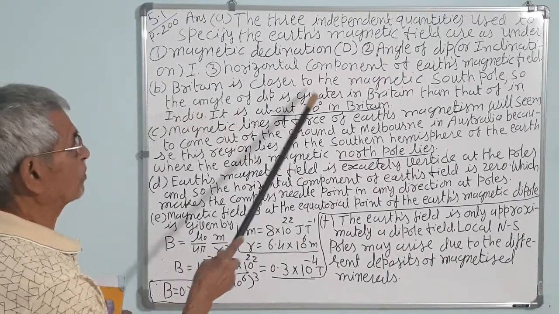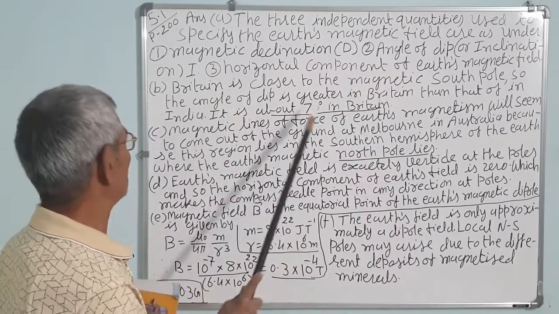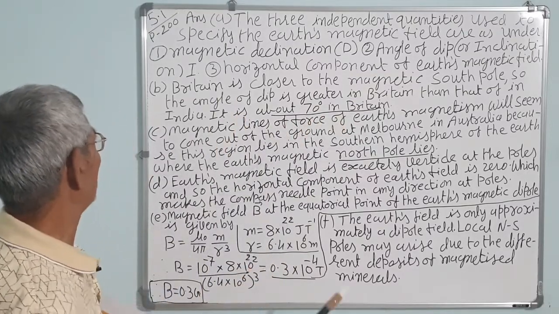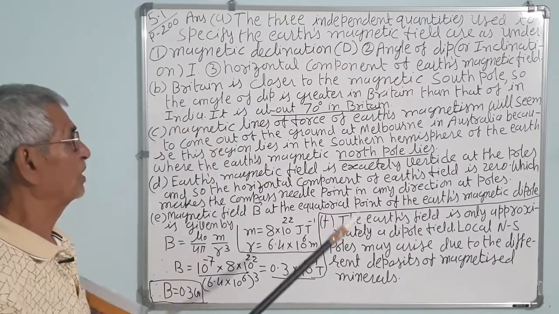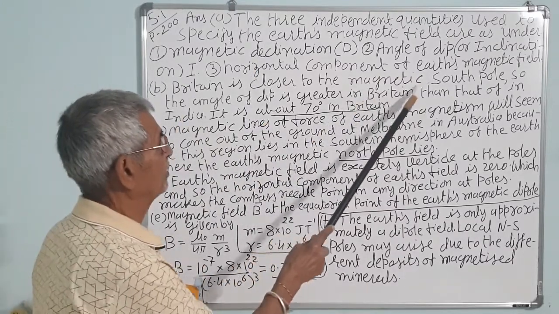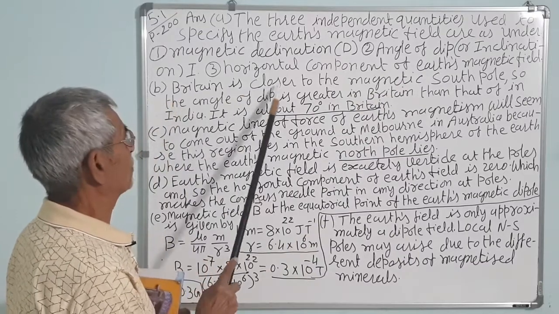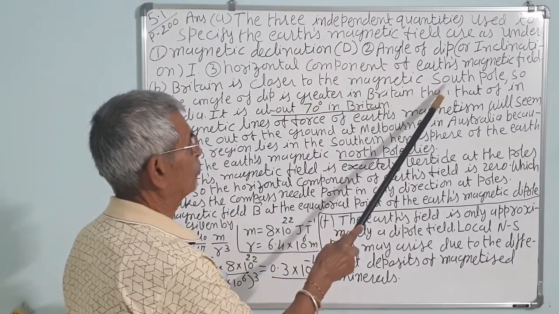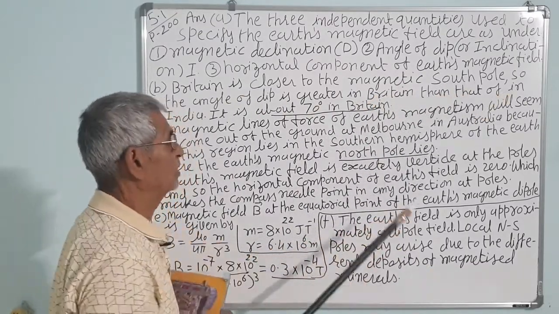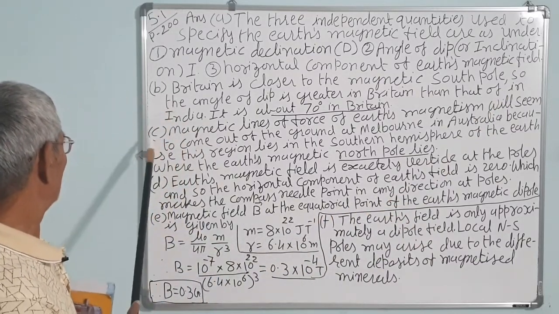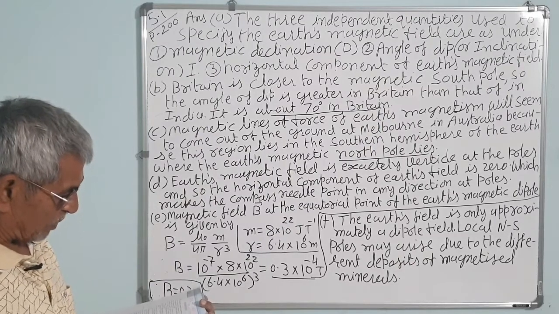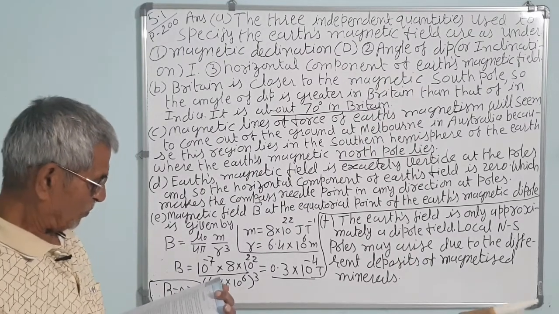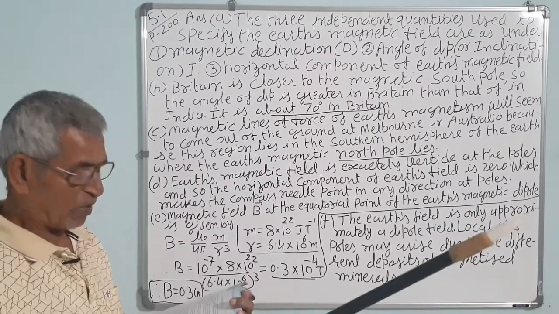Britain is very close to that, so it is not 90, but about 70 degrees. The answer is greater, about 70 degrees. Why? Because Britain is closer to the magnetic south pole, or geographical north pole, in the northern hemisphere.